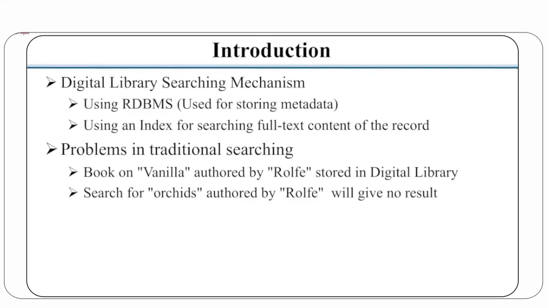For example, a user is looking for a book on orchids authored by Rolf in the digital library, having a book on vanilla authored by Rolf. This will not get the desired result. This is where the addition of semantics to a library can be very useful.